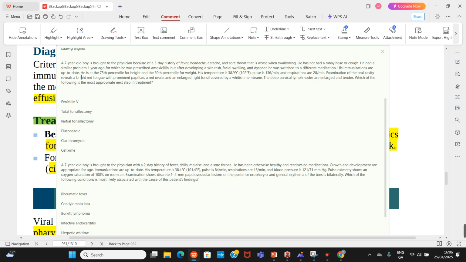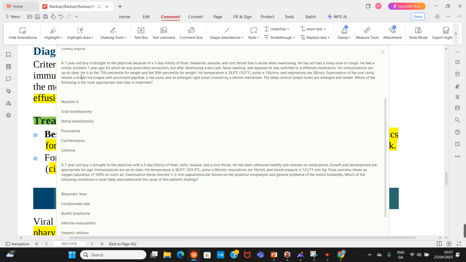A 7-year-old boy is brought to the physician because of a 3-day history of fever, headache, and sore throat that is worse when swallowing. He has not had any runny nose or cough. He had a similar problem 1 year ago, for which he was prescribed amoxicillin, but afterwards developed a skin rash, facial swelling, and dyspnea, and he was switched to a different medication. His immunizations are up to date.